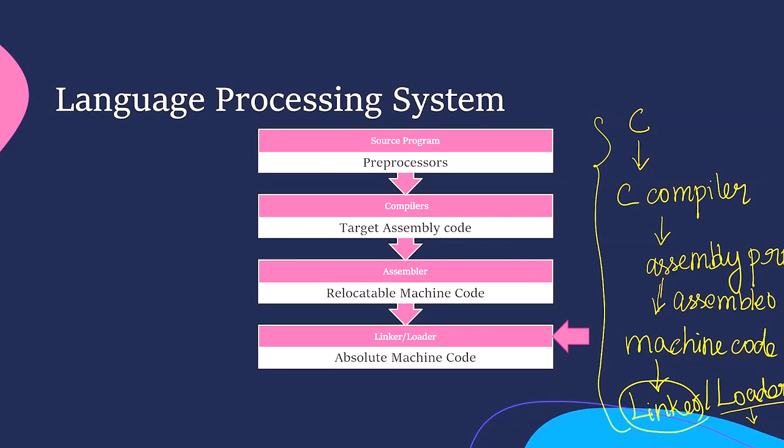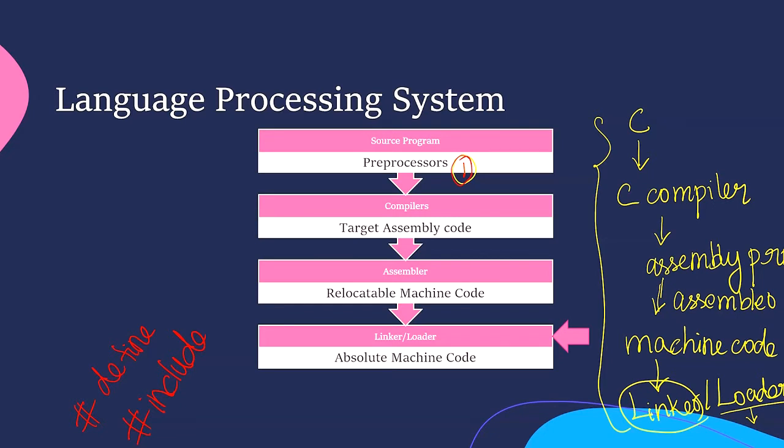First, preprocessors. The first step after writing a source program is done by preprocessors. In our high level language, a program may contain hash define or hash include. In a C program, we will have hash include stdio.h, hash include conio.h.